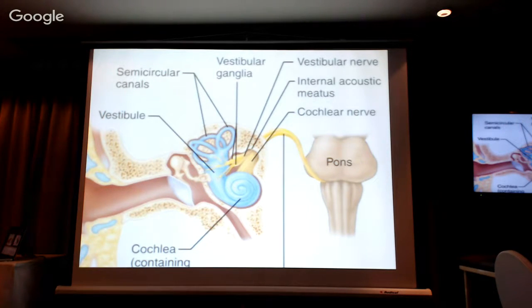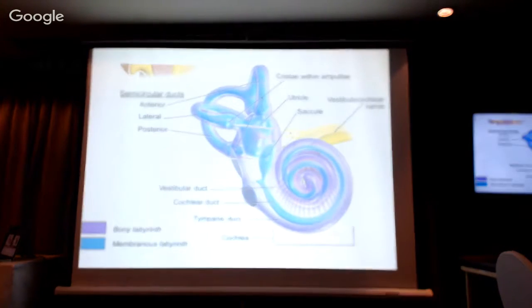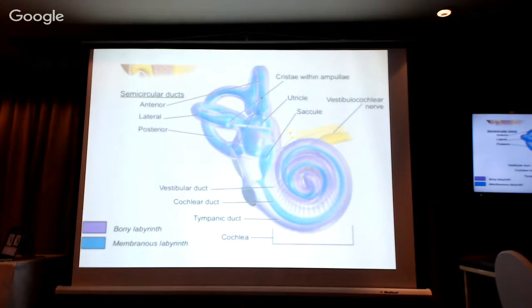So let's look at the membranous labyrinth. The semicircular canals that we have already shown you in the previous slide have a very interesting anatomical feature. At the ends, there is a dilated area. We call that the ampulla.